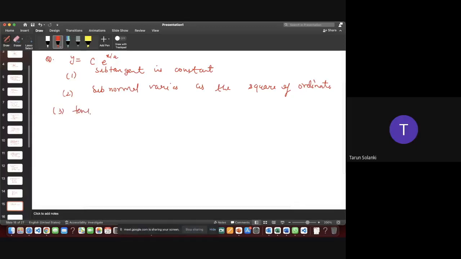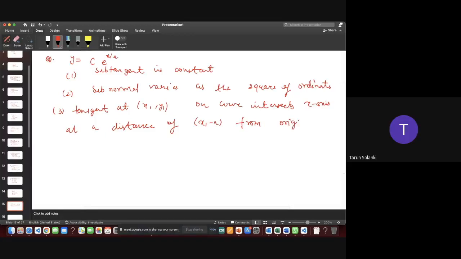Third, tangent at x1 y1 on the curve intersects x-axis at a distance of x1 minus a from origin.